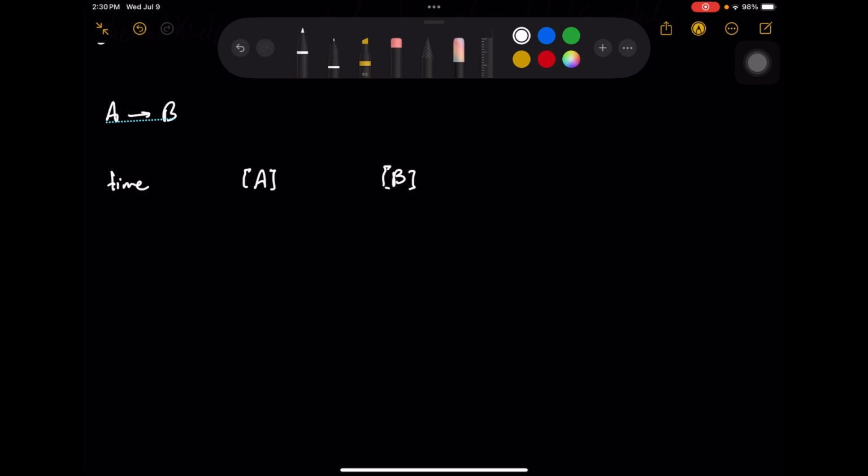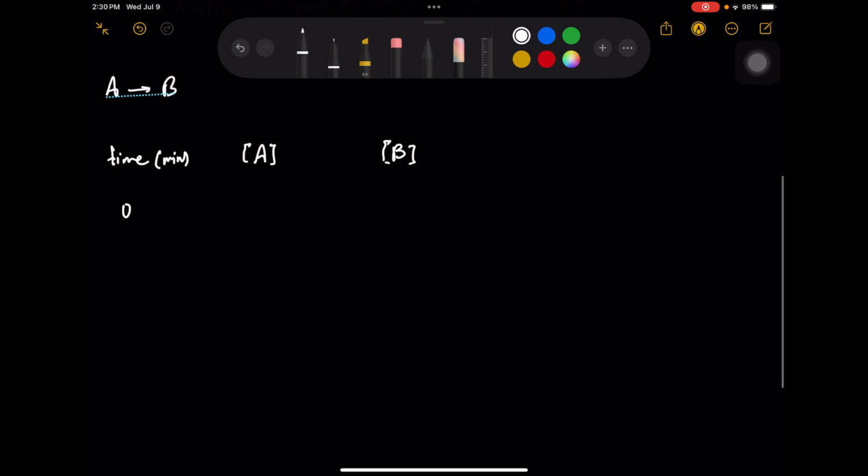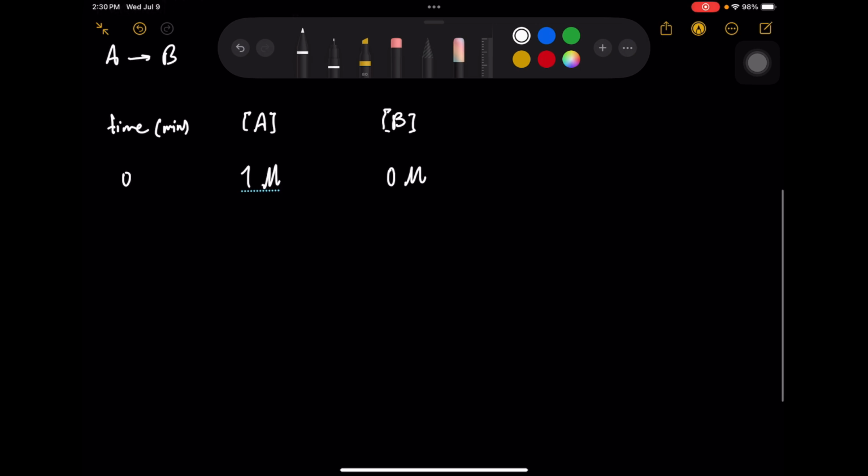The time is in minutes. At time 0, the A concentration is 1 molar and the B is 0.